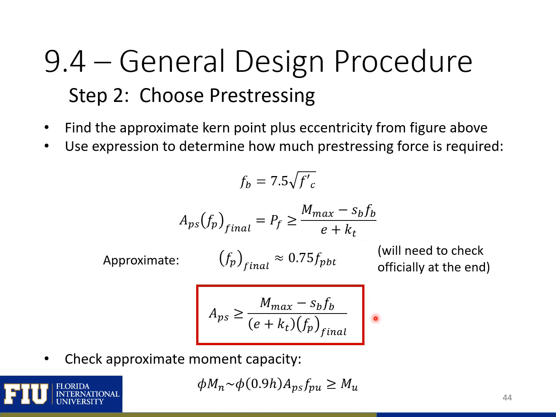So we can use this to select the minimum number of strands required to satisfy this value. Then we can check our approximate moment capacity, just approximating the lever arm here as 0.9h, to make sure that a rough estimate of our moment capacity will meet our ultimate moment requirement.